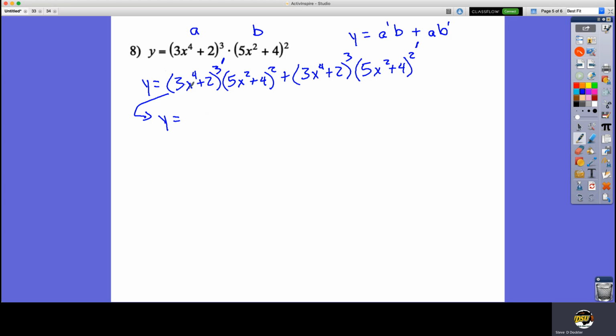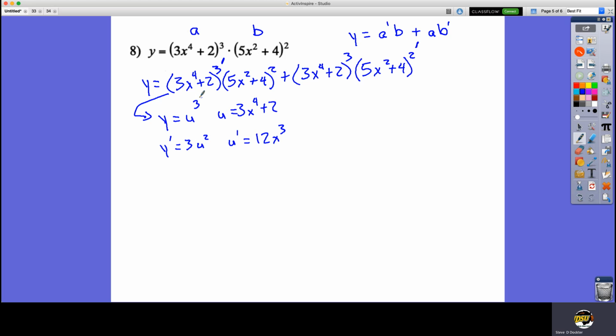Because we've got an expression raised to a power. So this is going to be u cubed, and then u equals 3x to the fourth plus 2. We have to take the derivatives of both of those. So 3u squared, u prime is 12x cubed.